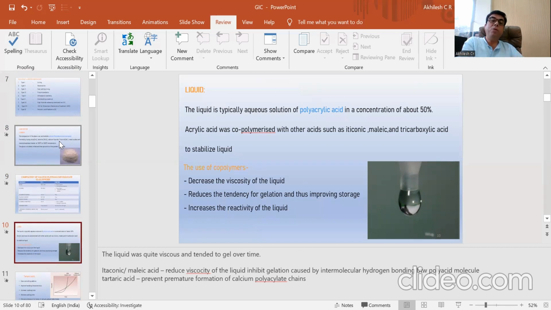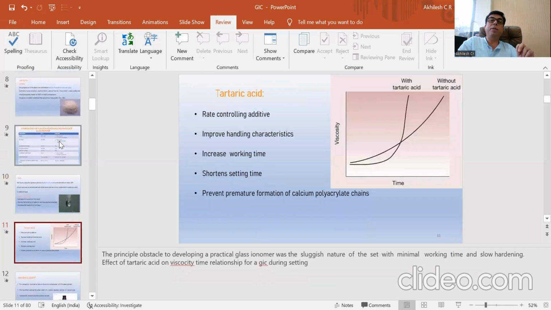So the main solution is polyacrylic acid, copolymerized with itaconic, maleic, and tricarboxylic acid. The copolymers decrease the viscosity of the liquid, reduce the tendency for gelation, thus improving storage, and increase the reactivity of the liquid.